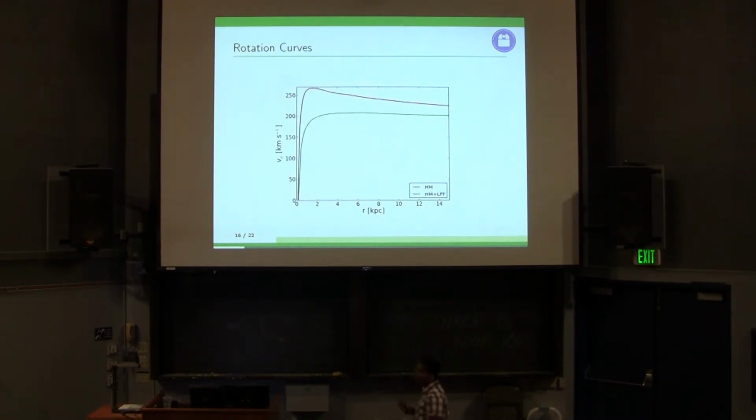Now if you look at the rotation curves, you see the same difference. There's a huge bulge formed when you use only the UV background, whereas if you include the local radiation, the rotation curve is more slowly rising, and it makes quite a lot of difference here.